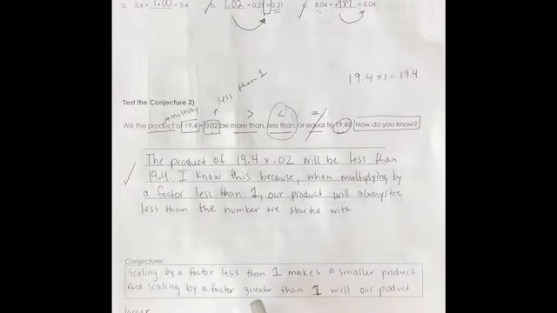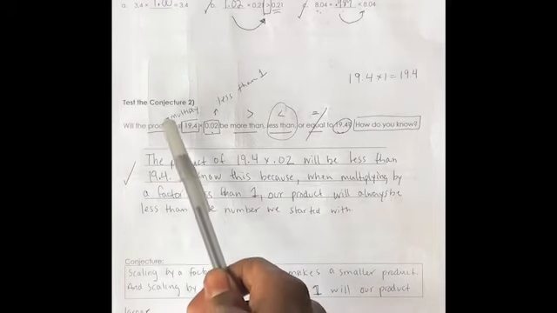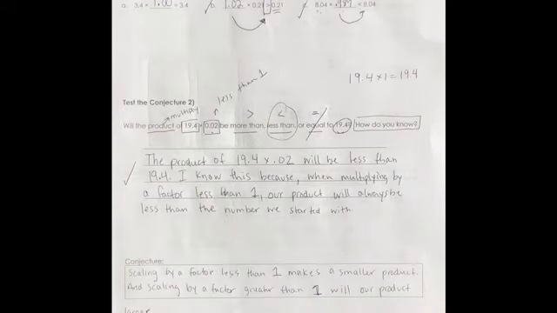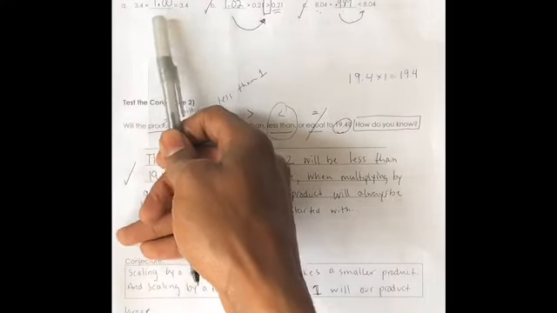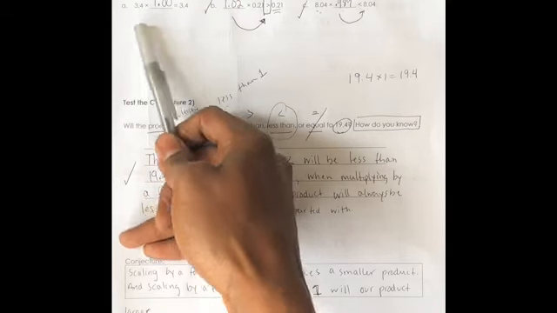So our conjecture did hold true for TTC number 2 as well. And indeed, our conjecture is true. When we're scaling by a factor less than 1, we'll get a smaller product all the time. And when we scale by a factor greater than 1, we'll always get a larger product. And then you guys already knew that when we scale by a factor of 1, we'll always get the number that we started with.